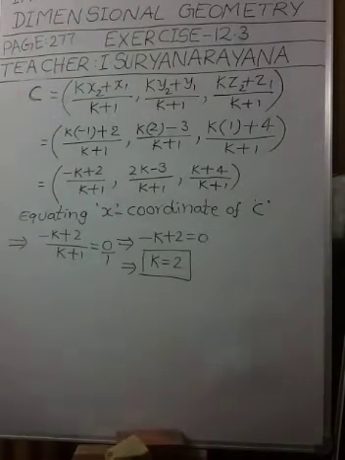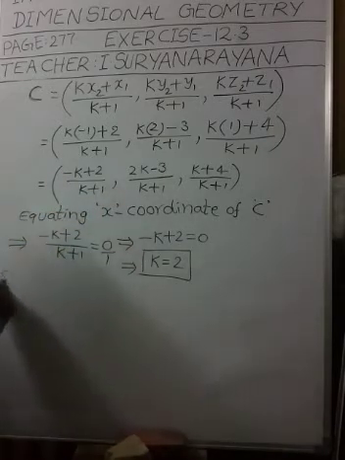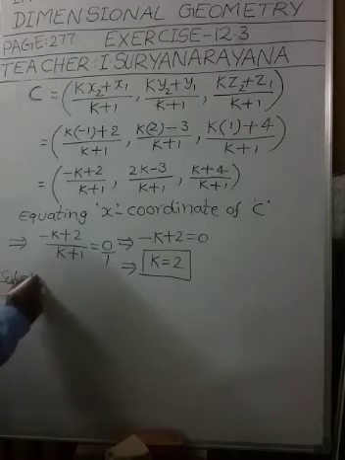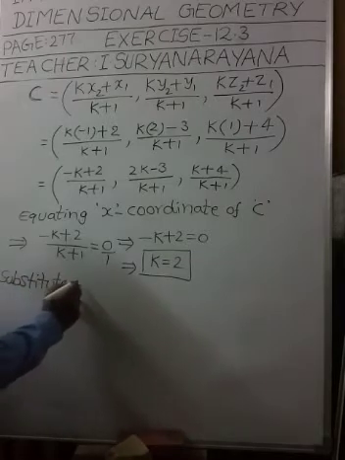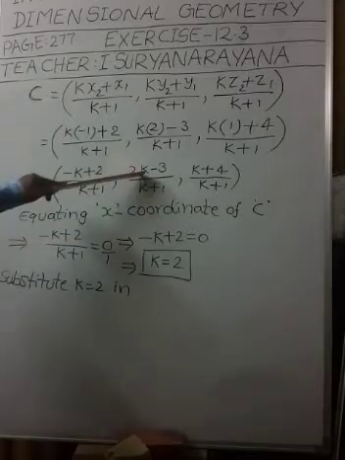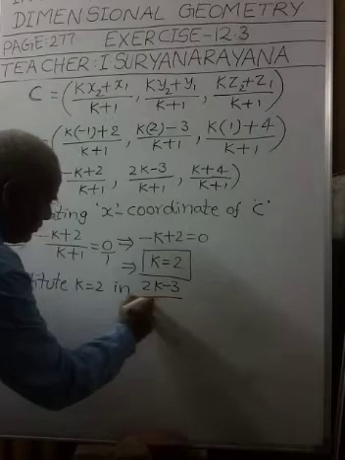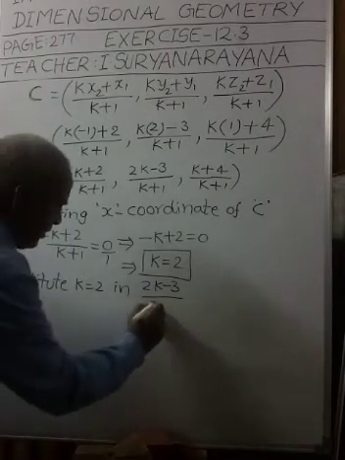Okay, my children? Right. So substitute k is equal to 2 in the y coordinate, 2k minus 3 by k plus 1.